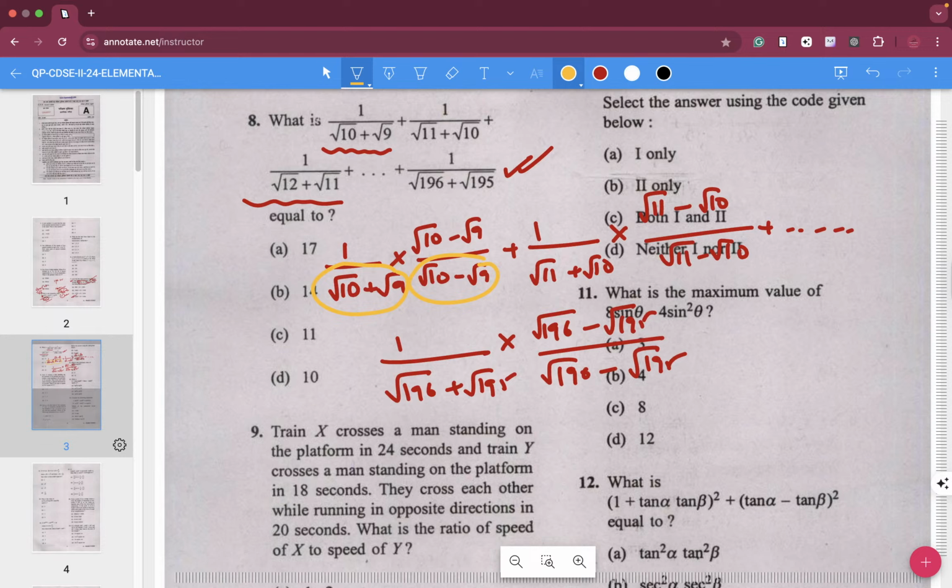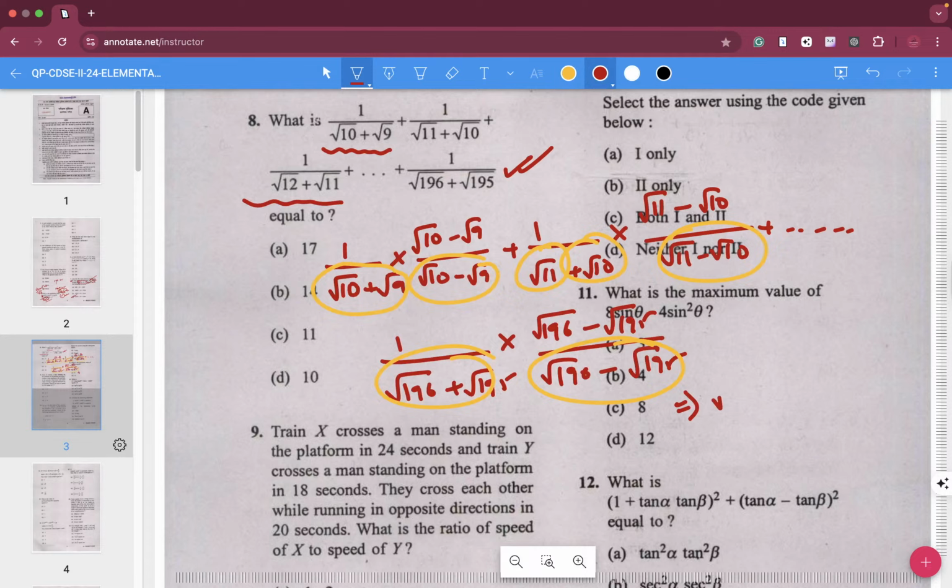A square is root under 10 square, which is 10, minus root under 9 square, which is 9. 10 minus 9 is 1. So the denominator is going to give you 1 for sure, and you are left with only the numerator.